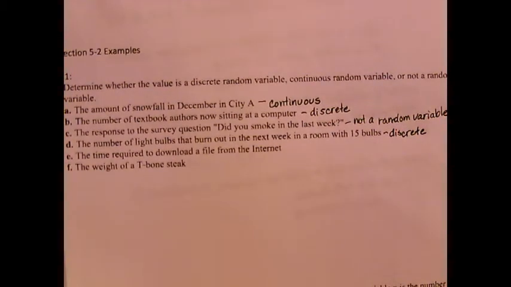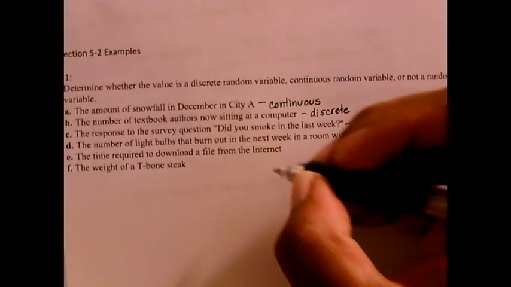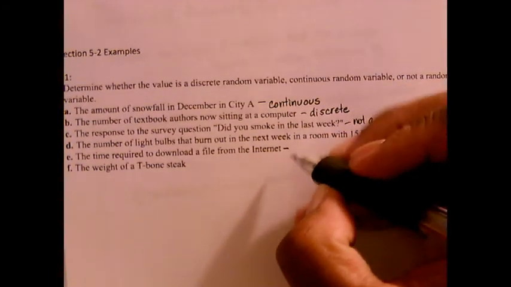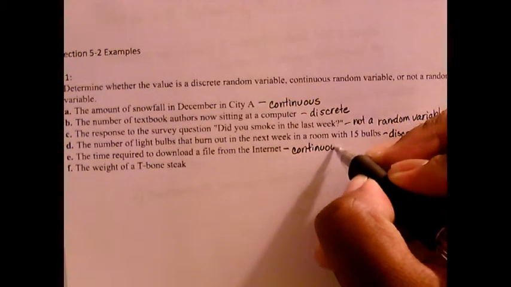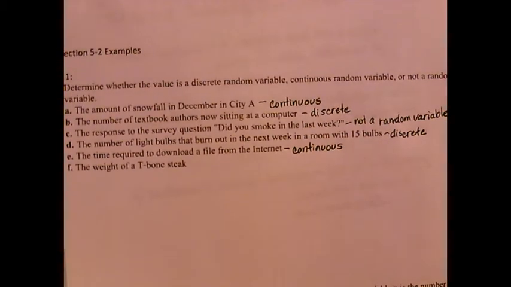Part E, the time required to download a file from the internet. Time is measurable. We can measure to a precise minute, also precise seconds. So in this case, this is continuous. And then part F, the weight of a T-bone steak.